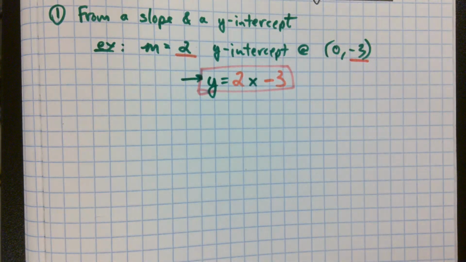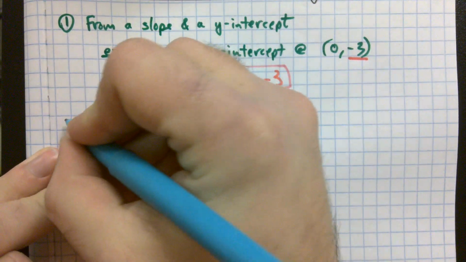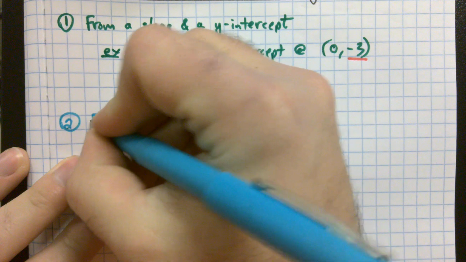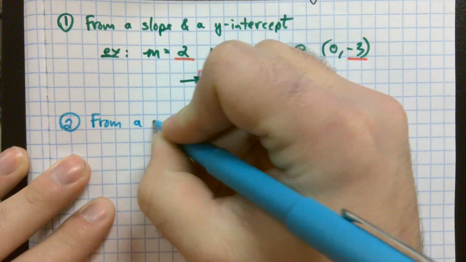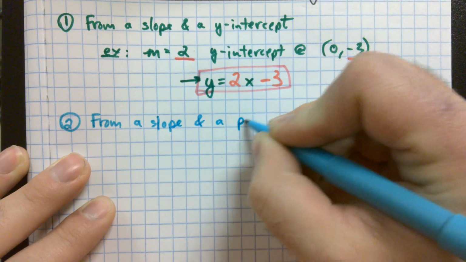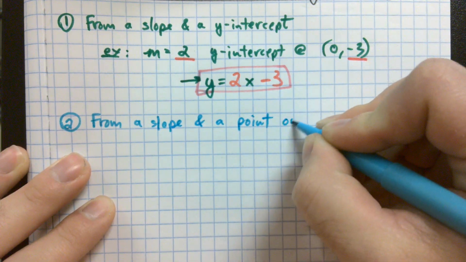Let's make it a little bit trickier for us with the second way that we can write a linear equation, and that is from a slope and a point on the line.